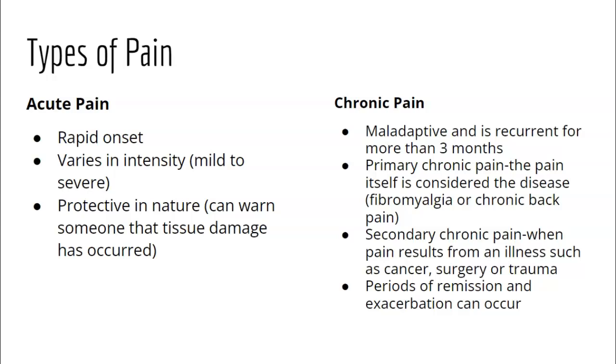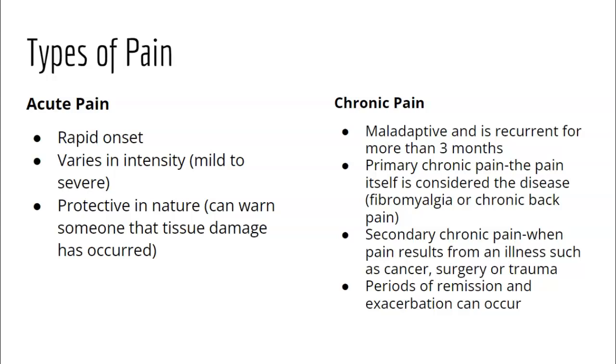It can vary in intensity from mild to severe and can be protective in nature, so it'll warn us of tissue damage that is occurring or will occur if we don't remove ourselves from that pain. Whereas chronic pain is maladaptive and is recurrent for more than 3 months.